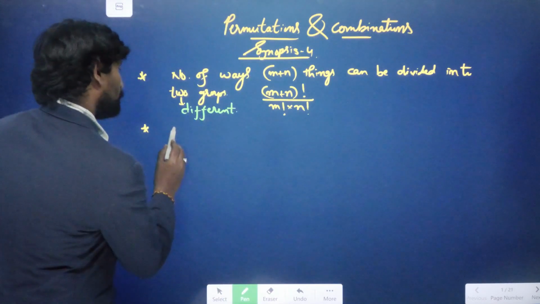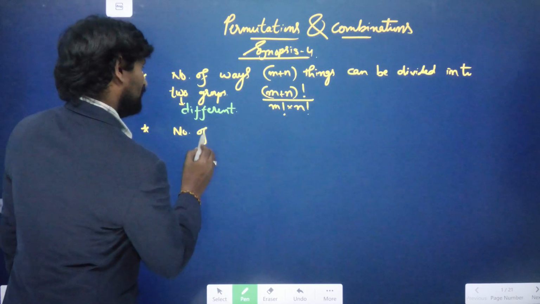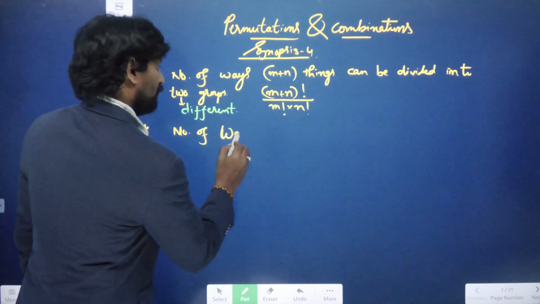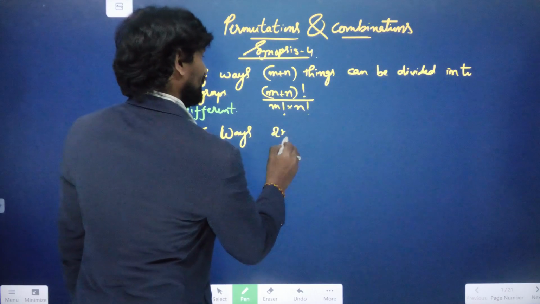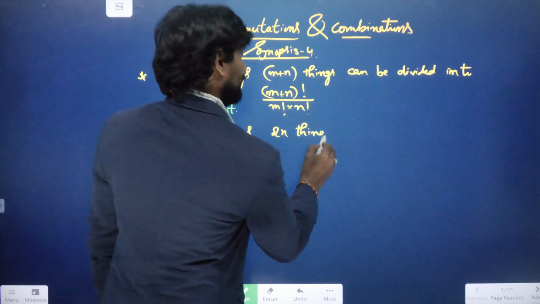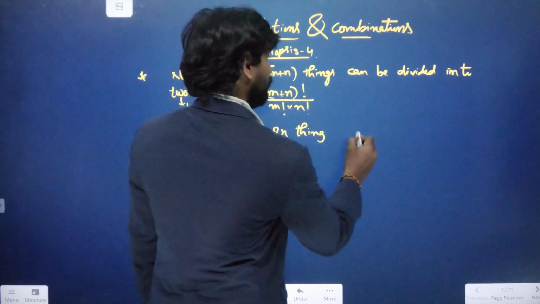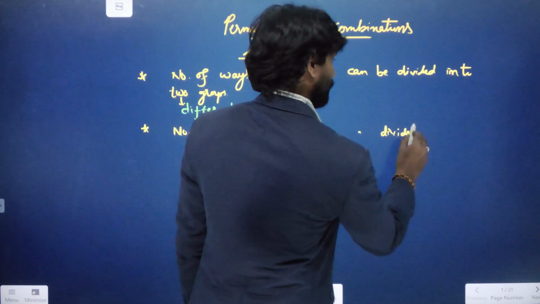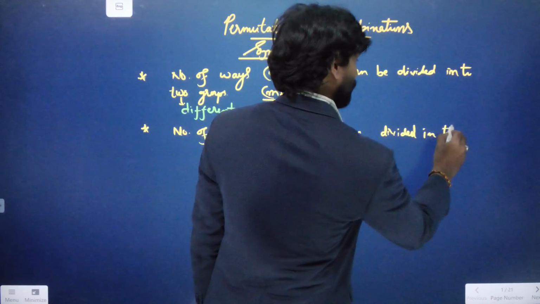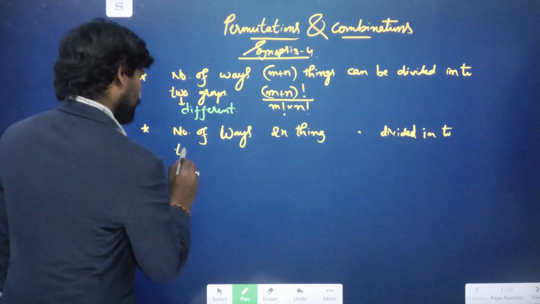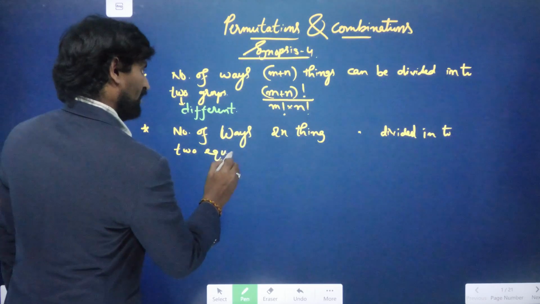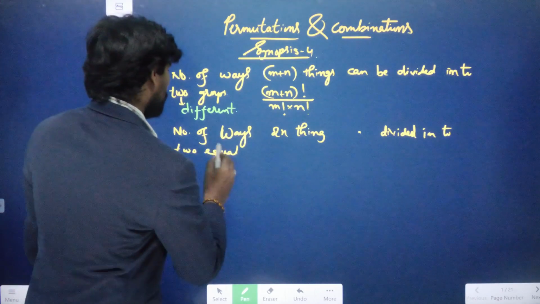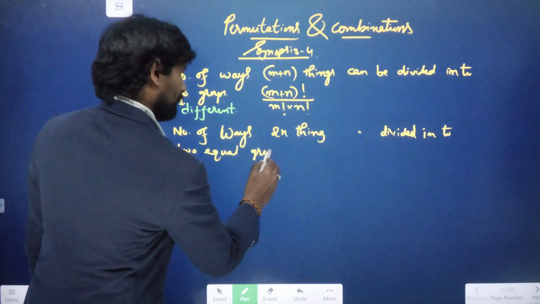Now here, how many groups are there? The number of ways for 2n things to be divided into two equal groups. First one is for different groups and this is for two equal groups.